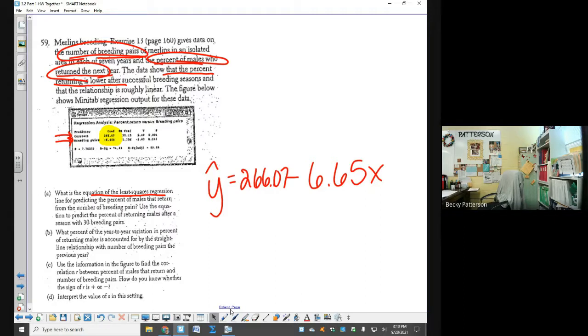Coefficient of determination. What percent of the year-to-year variation, the percent of variability, in percent of returning males is accounted for or explained by the linear model that relates the number of breeding pairs to the percent that return. And that's R squared. And it is right there, which I think is 74.4%.